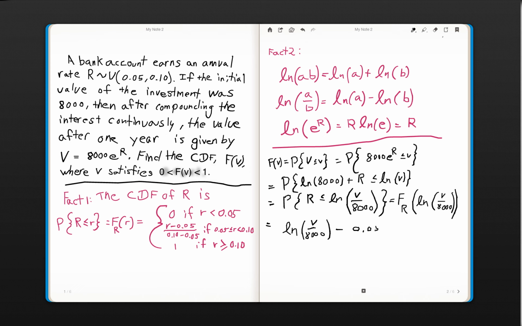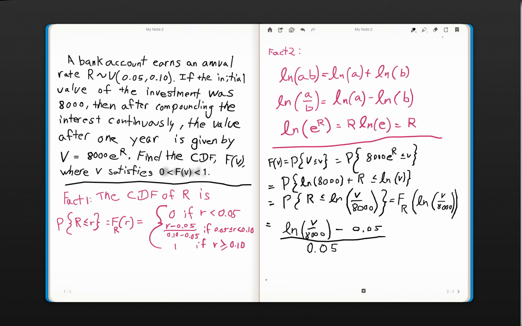I'm evaluating this CDF of our uniform random variable at R with this quantity, the natural log of V over 8,000. So R becomes the natural log of V over 8,000, minus our 0.05, all divided by 0.1 minus 0.05, which is just 0.05. So we're actually done right there.